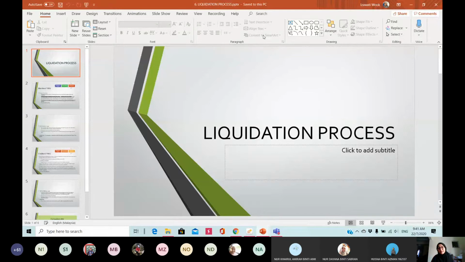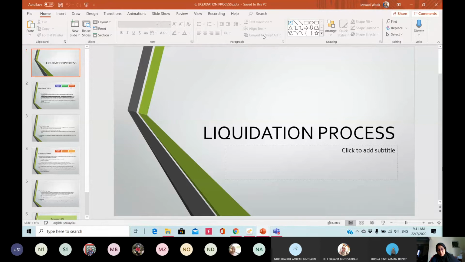Yang tu nama dia is a professional job for this kind of process lah. Okay, so basically the idea is if it is at the DJI, kalau compulsory winding up, banyak juga keadaan dia appoint the DJI as the liquidator, depending on the situation.